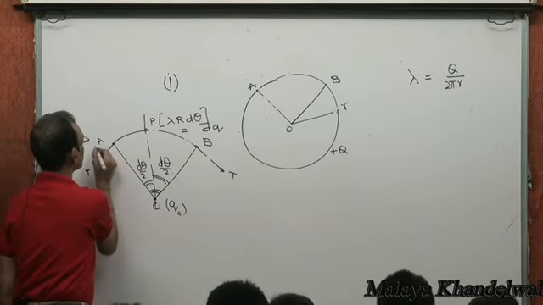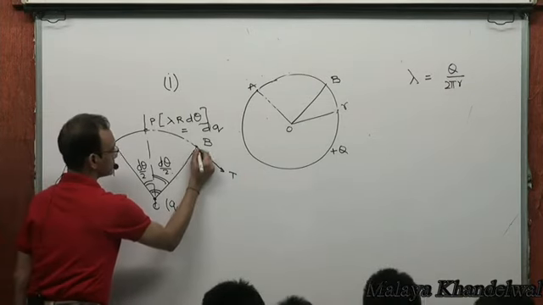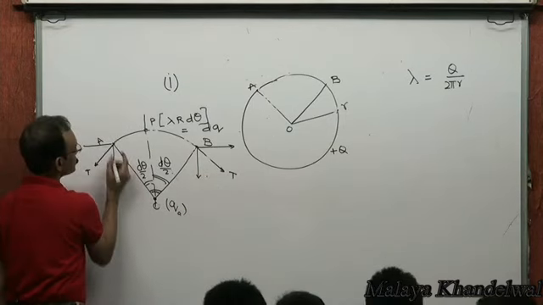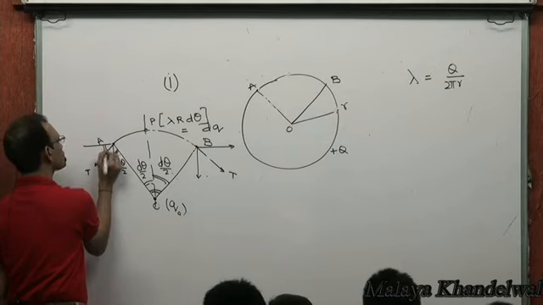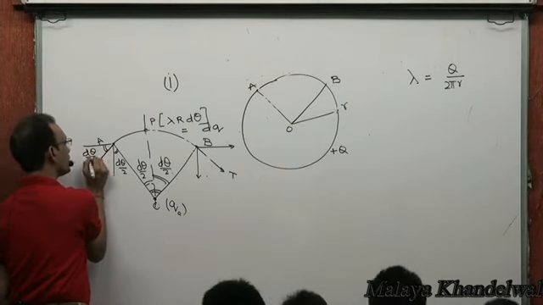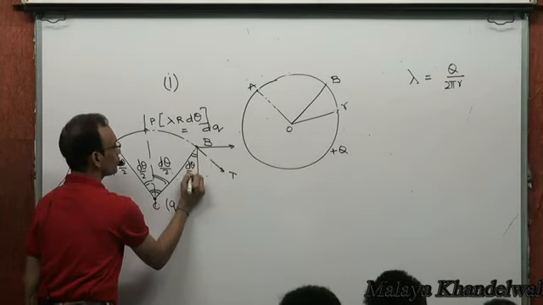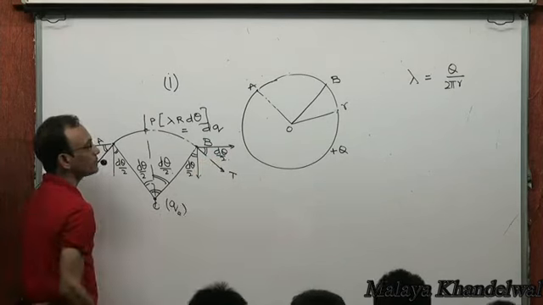So then, this is d theta by 2, this is d theta by 2, and similarly on the right hand side, this is d theta by 2, right?